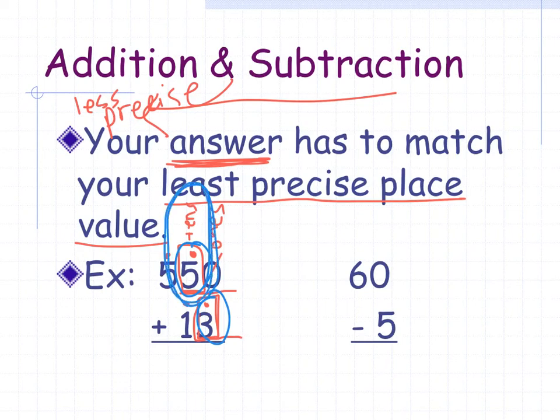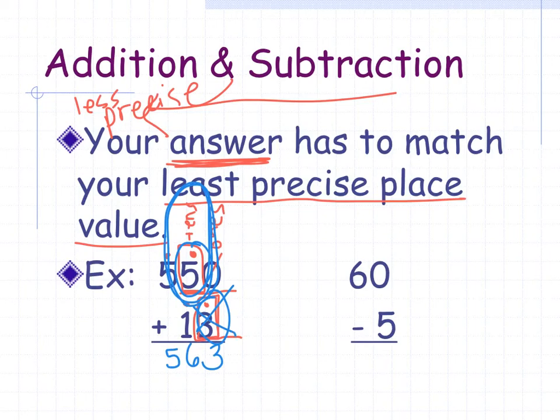So in my calculator, if I typed in 550 plus 13, I obviously would get 563. And in math, that is a beautiful answer, but in chemistry, it's not correct because the 3 is too precise.